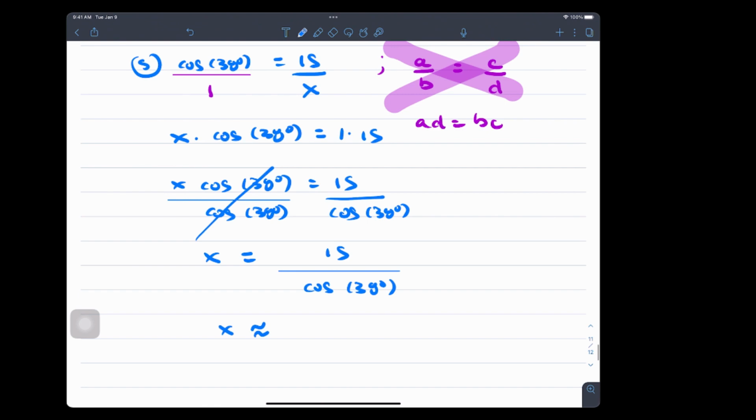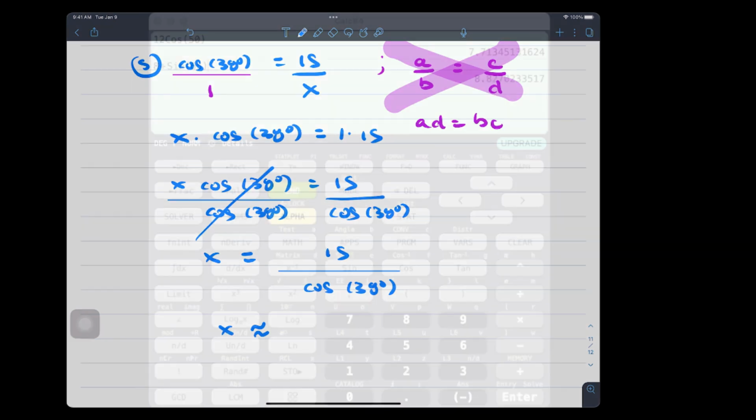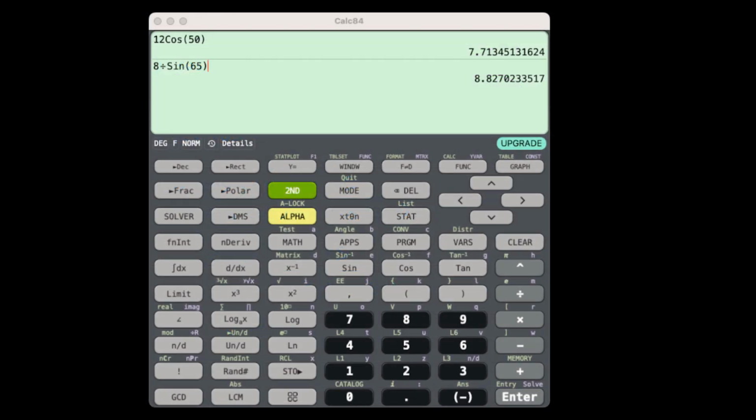So 15 divided by cosine 38 degrees, we go to the calculator. What do you end up with? Approximately 19.0.